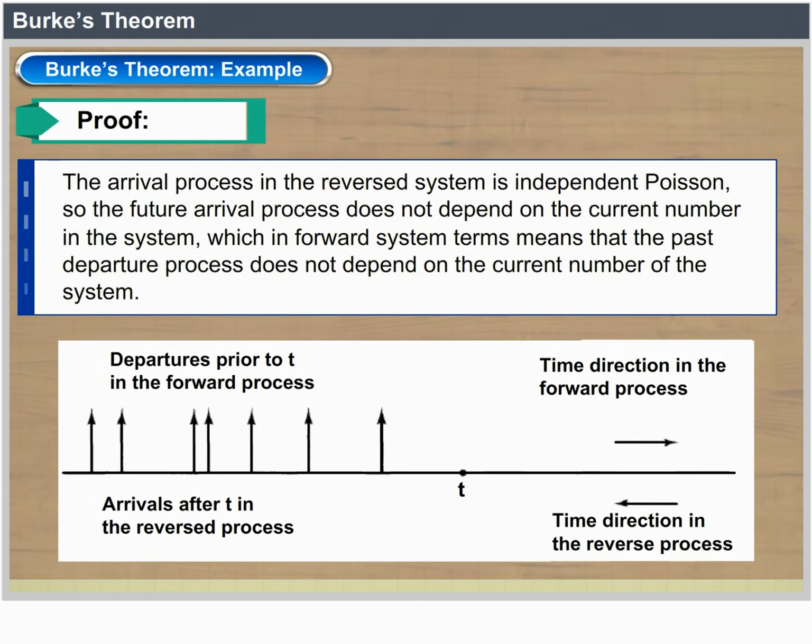The arrival process in the reverse system is independent Poisson, so the future arrival process does not depend on the current number in the system, which in forward system terms means that the past departure process does not depend on the current number in the system.